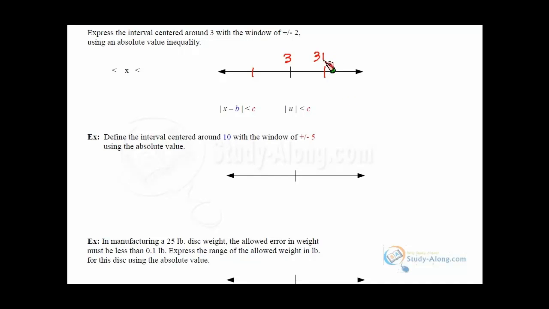This is 3 plus 2. Or minus 2. This would be 3 minus 2. It's basically taking the center and you're adding 2 or subtracting 2. So how do we express that in this inequality? X is 3 plus 2 at the highest you can go, and 3 minus 2 is the lowest you can go.